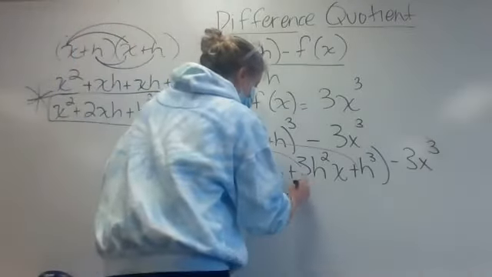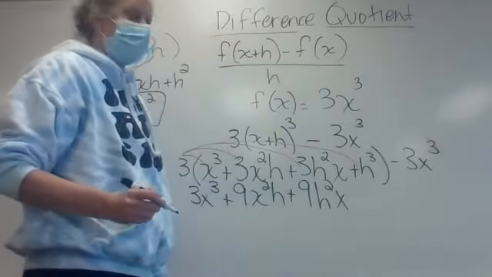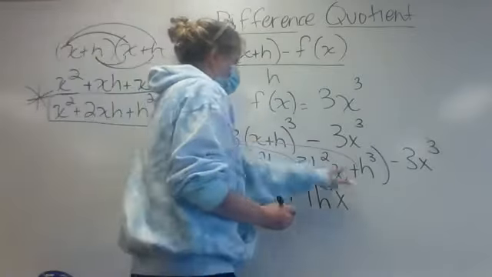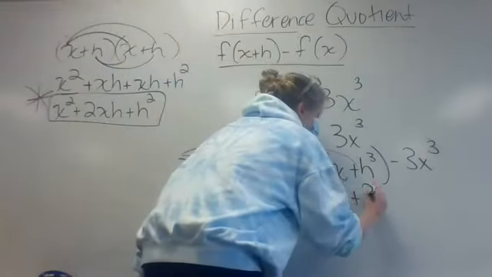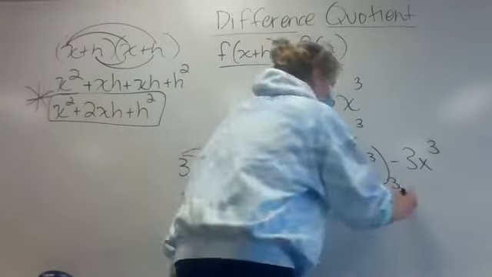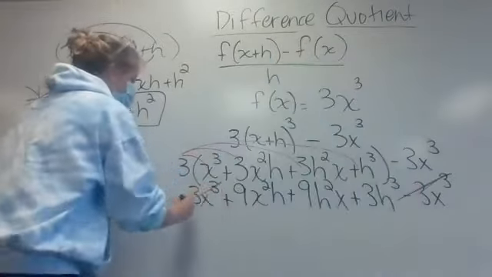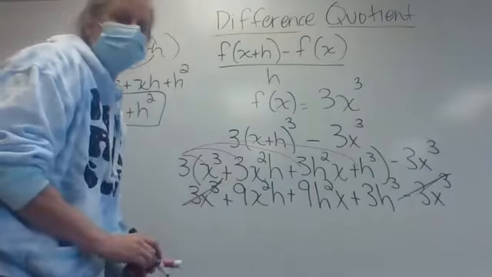Plus 3 times 3 again is 9h squared x. Then 3 times h cubed is 3h cubed. Bring down the minus 3x cubed, which will cancel the positive 3x cubed.